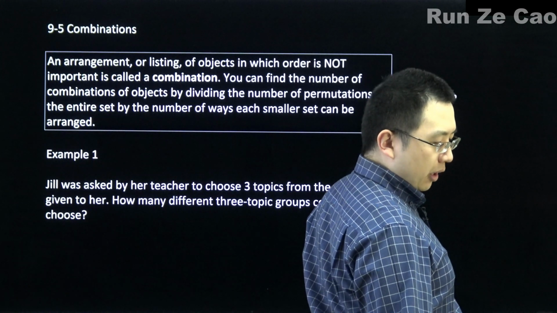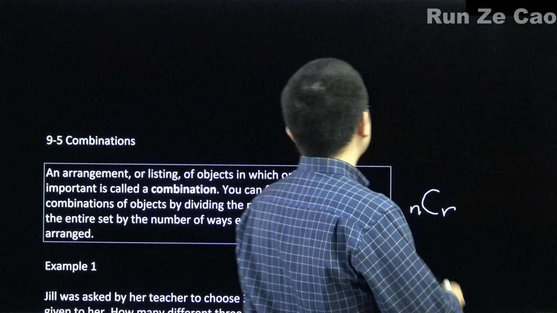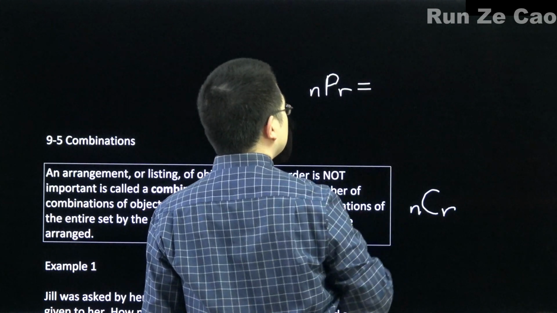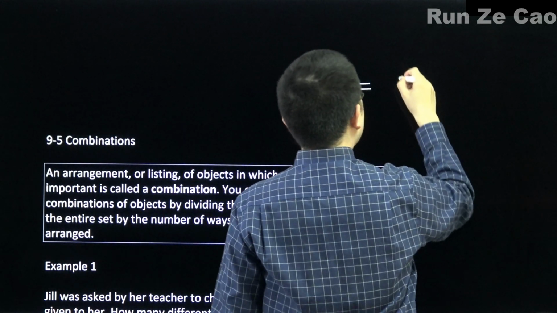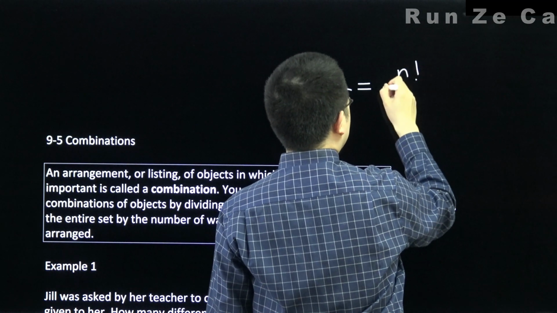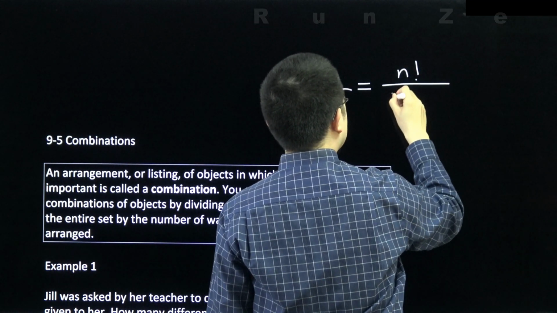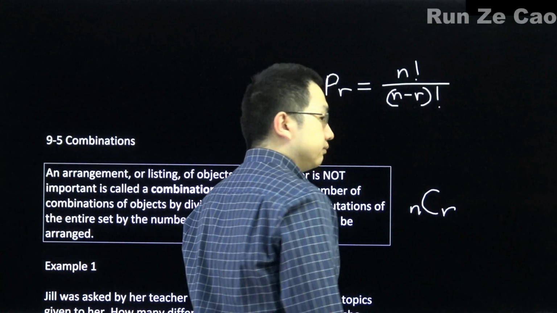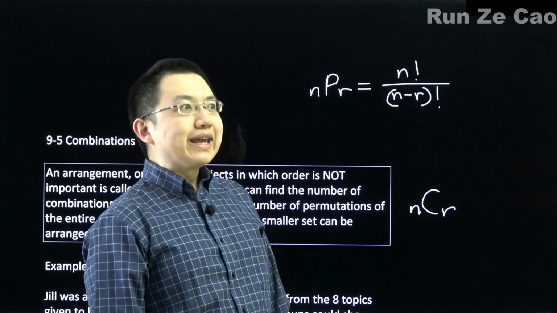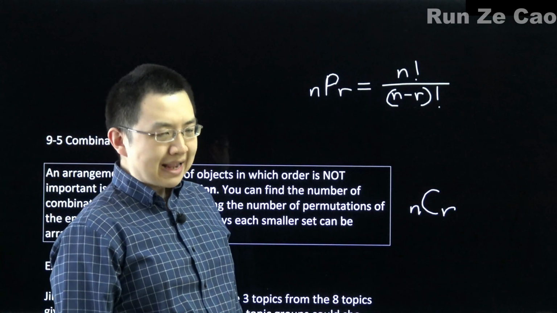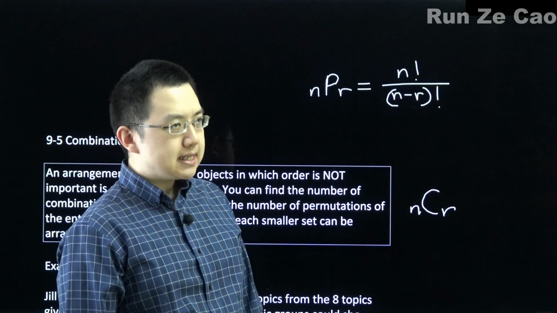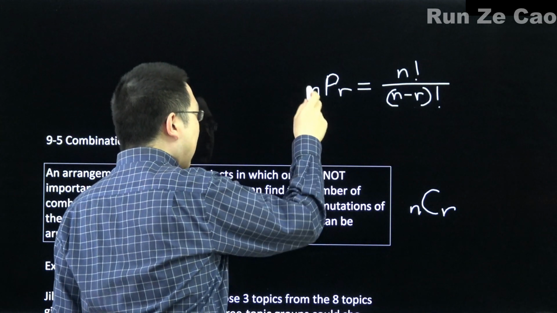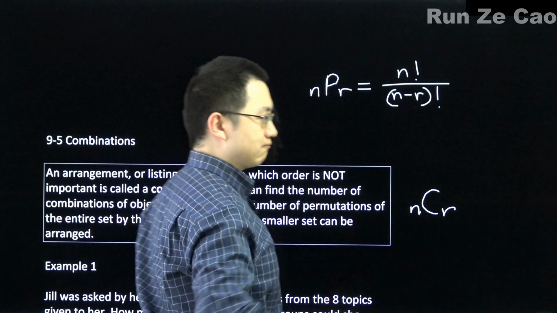Now when you were doing permutations, n pick r is equal to n factorial divided by n minus r factorial. Why is this? Well, let's say that we have 9 and we're picking 3.